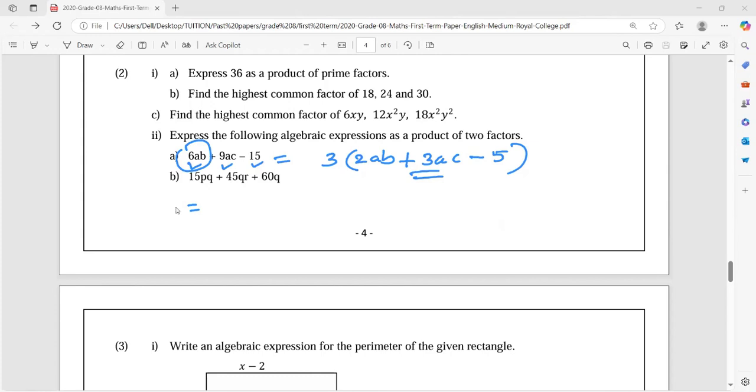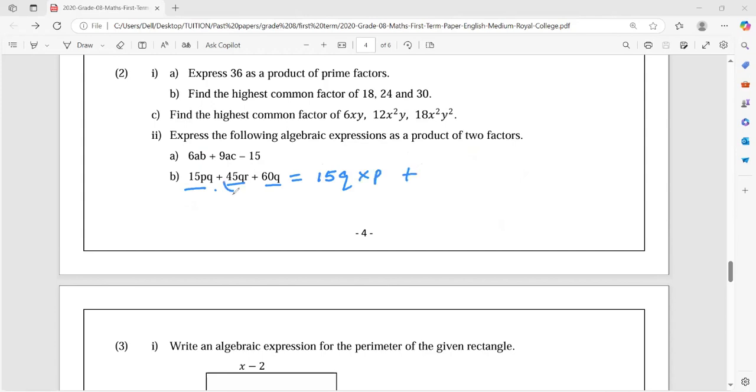And then let's go to part B. And here you have 15. You see, 15Q is common in all the terms. You can see that. And this is equal to, I will write for simplification, 15Q into P plus, I can write this part as 15Q into 3R. And 15 into 3 is 45, then QR. Minus, this is 15Q into 4, because 15 into 4 is 60.